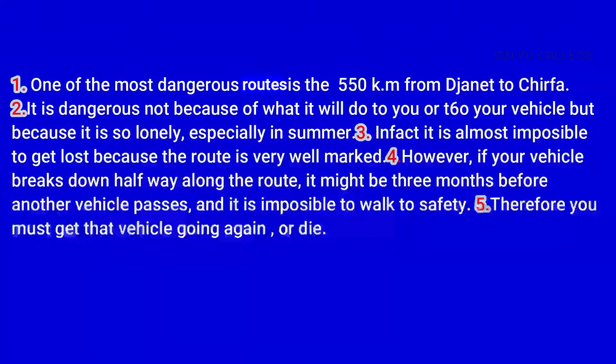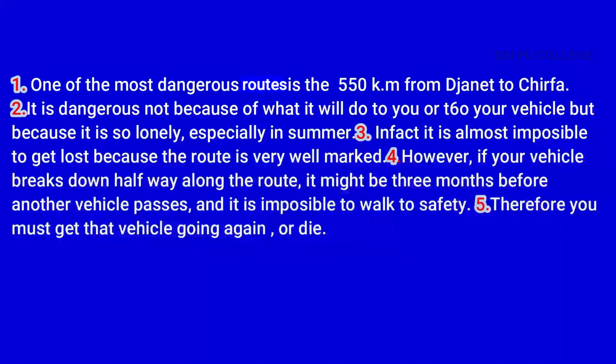One of the most dangerous routes is the 550 kilometer from Djanet to Chirfa. So this is the first idea. We can call it the first sentence. It is dangerous not because of what it will do to you or to your vehicle, but because it is so lonely, especially in summer. So this is idea number 2. In fact, it is almost impossible to get lost because the route is very well marked.